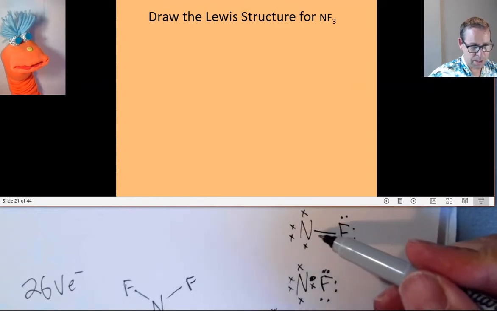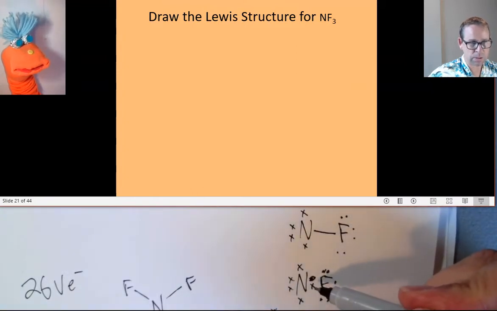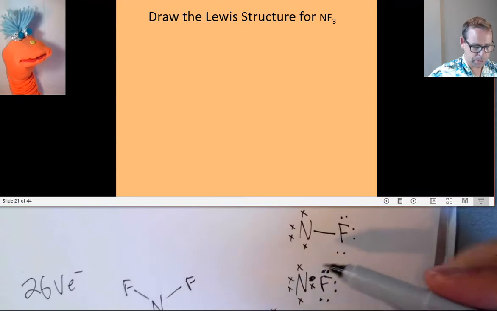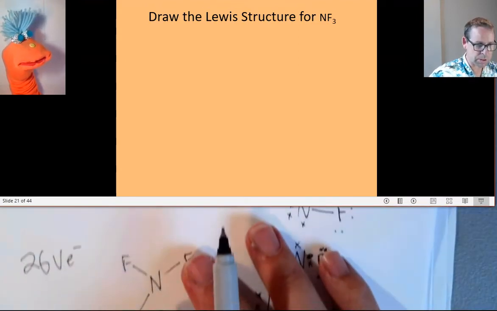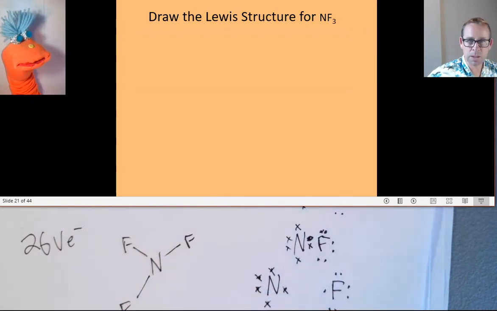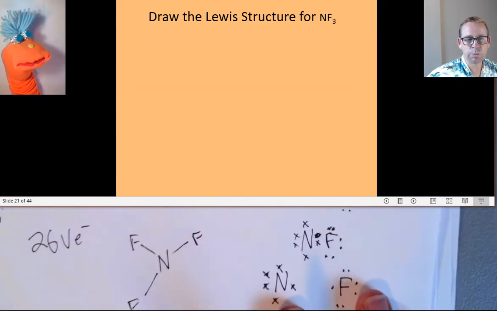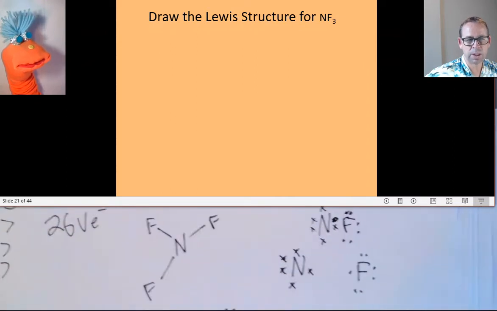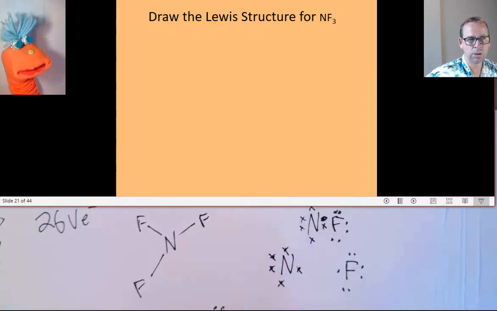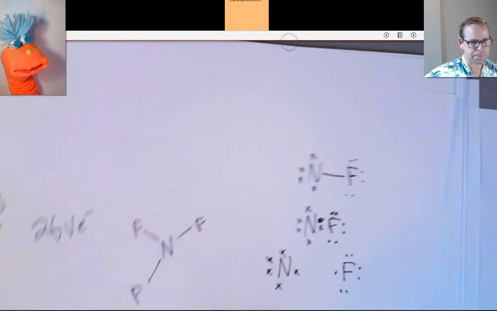Can you see how that bond there represents these 2 electrons? Yeah, I see that. Okay. So when we see any bond, here we just cavalierly drew these bonds, but those bonds represent 2 electrons. Each one of those bonds represents 2 electrons. Can you see that? Yeah, I can see that. Okay, very good. Let's give ourselves a little more space here, and let's get back to where we were.